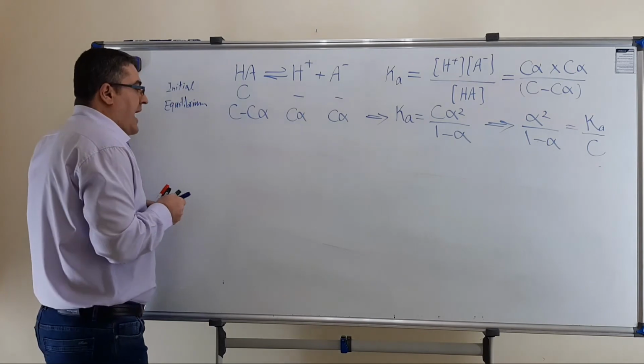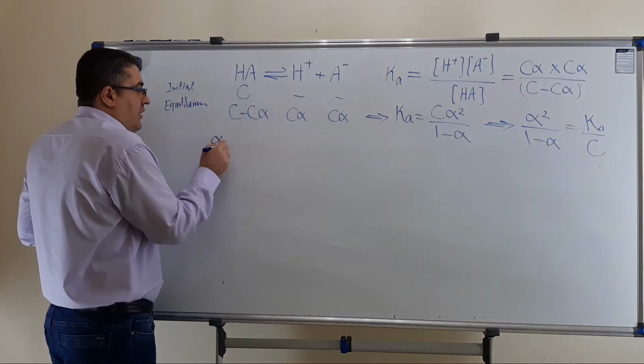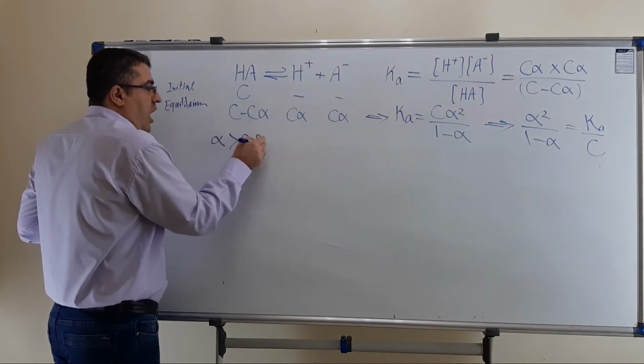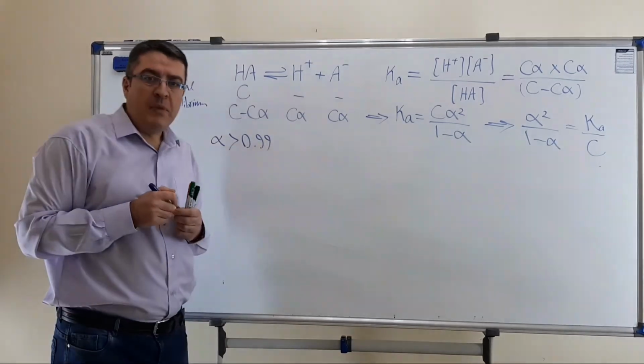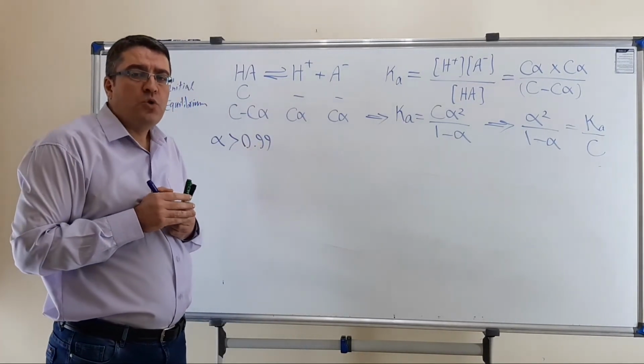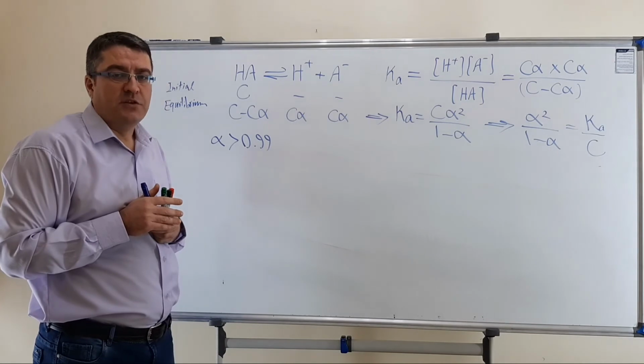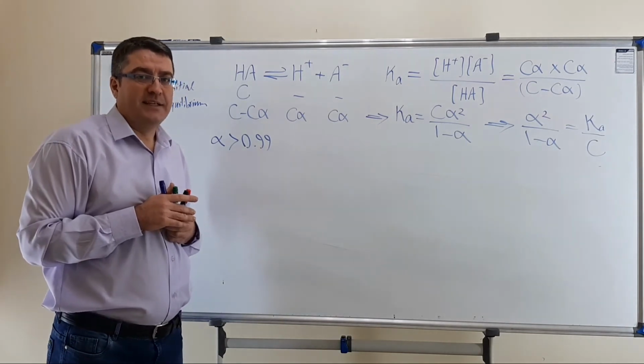Let's assume that alpha greater than 0.99 means almost all of the acid is dissociated. So the acid is a strong acid.